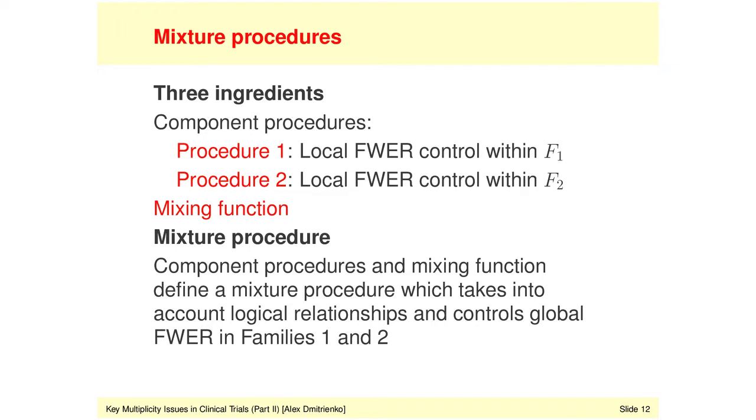We have said many times before, it is not sufficient in the context of confirmatory clinical trials when we have multiple families of null hypotheses. It is not sufficient to guarantee local error rate control within each family. The current regulatory requirements state that our goal is to provide global overall error rate control with respect to all hypotheses in the complex multifamily multiplicity problem.